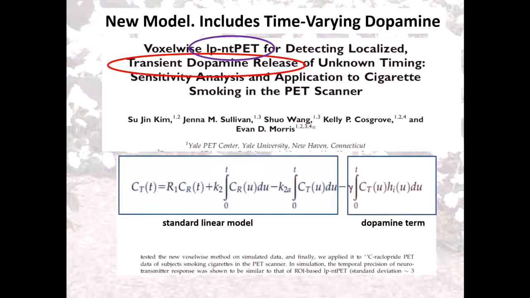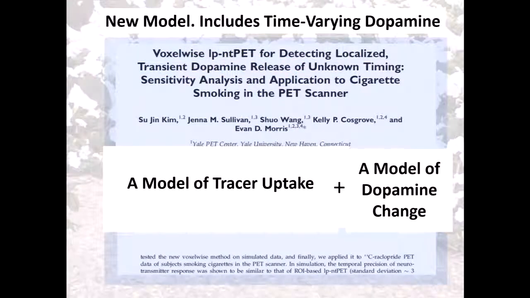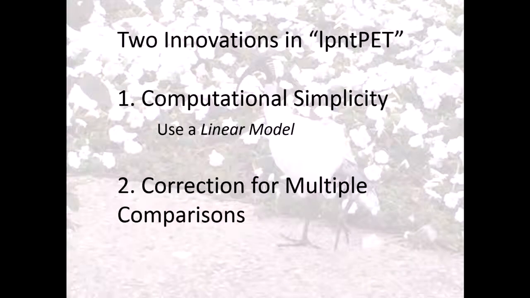And the right-hand side is some special term for the dopamine phenomenon. So you can think of it as a mashup of two models, a model of tracer uptake and another model of dopamine change. And that's what we're going to apply, if it works, to our data, actually during smoking.